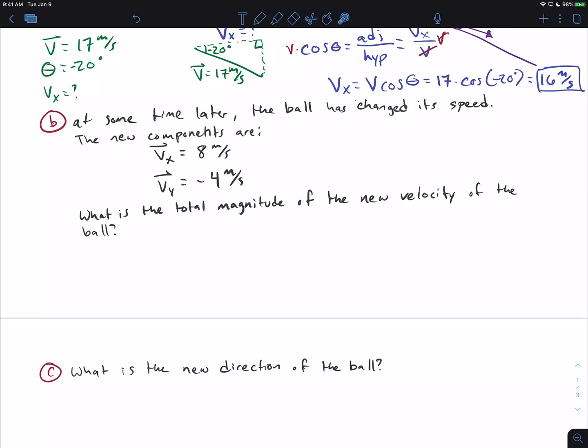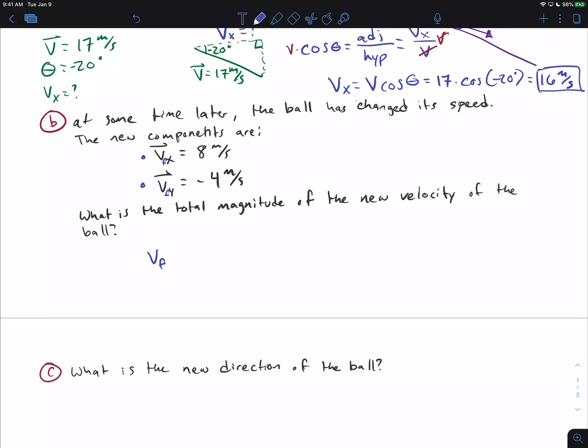So let's say sometime later the ball changed, the hill changed, whatever. Now we have new components. So we have Vx and Vy. It's already written here for you. The thing that we are trying to find, I can even call this V final x and V final y, just so we don't get confused with what we had earlier.